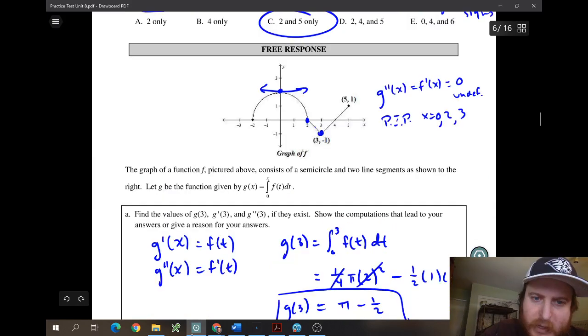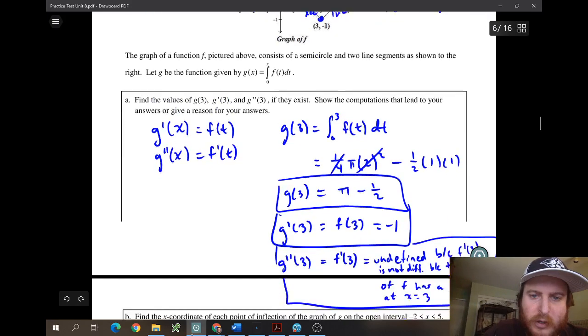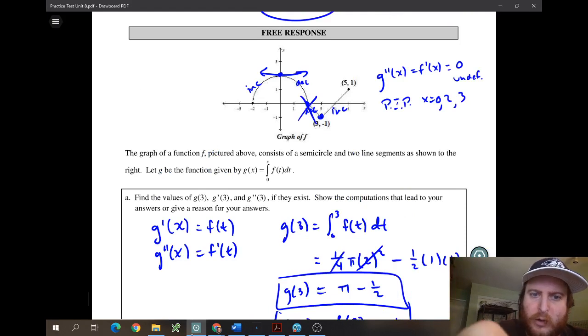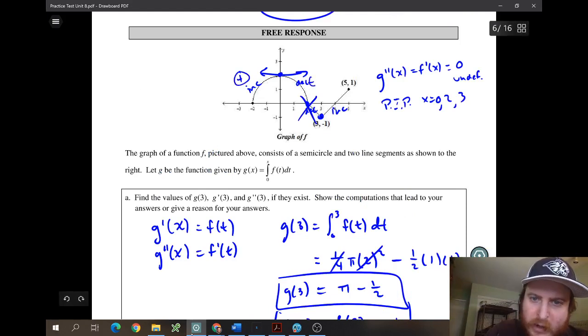Because this graph is increasing, then decreasing, then it continues to decrease, and then it increases. So it didn't change signs at 2. It kept decreasing. So g double prime is positive, negative, kept being negative, and then positive.